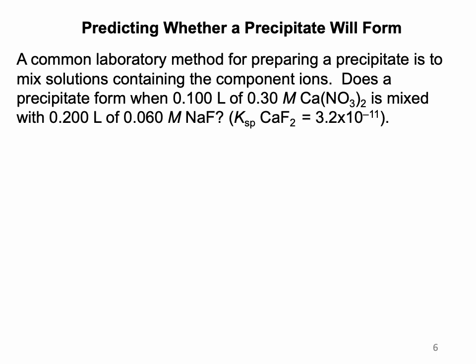The last question was when directly the concentrations were given. This is another type of question. A common lab method for preparing a precipitate is to mix two solutions containing the component ions. Does a precipitate form when 0.1 liters of 0.3 molar calcium nitrate is mixed with 0.2 liters of 0.06 molar sodium fluoride?